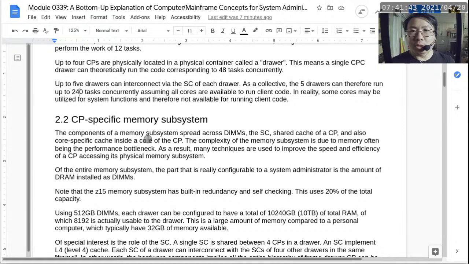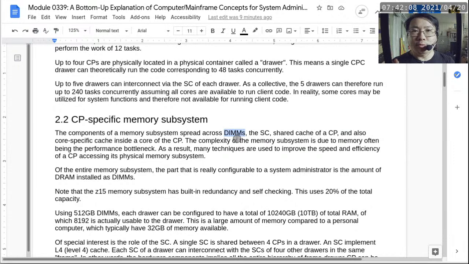Section 2.2 talks about the memory subsystem, and the subsystem of each CP or each drawer is implemented by the DIMMs. But if we're talking about the entire subsystem, the components actually got spread around all over the place, because the DIMMs are the actual memory modules.